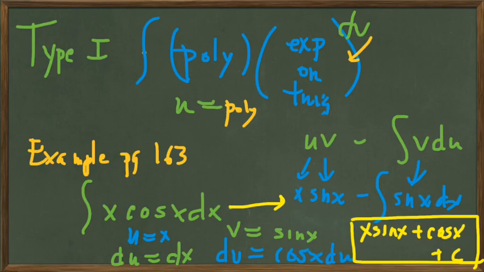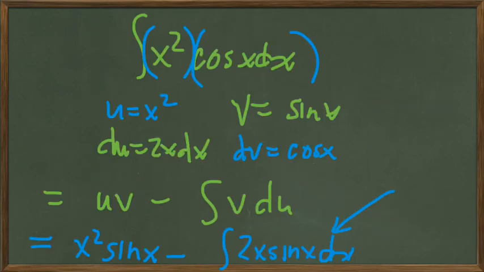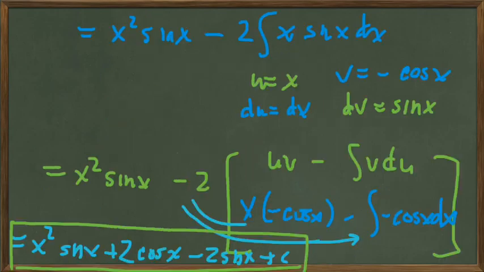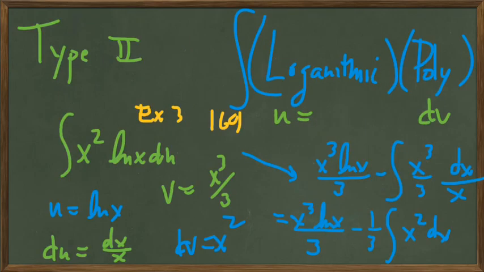If that polynomial is raised to the first power, we only need to do this parts technique once. If the polynomial is raised to a second power, we have to do the parts technique twice, and if it's raised to the nth power, we have to do the parts technique n times. I wouldn't put one on a test where you have to do it more than twice.